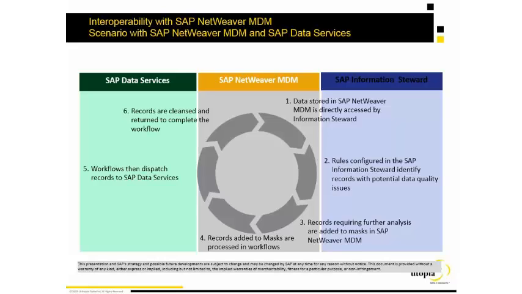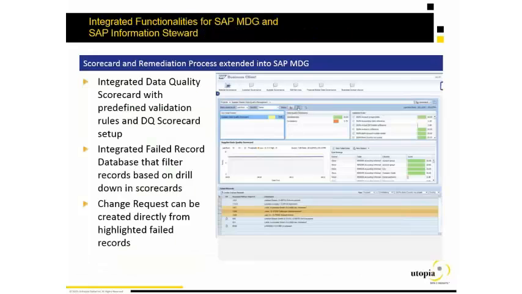You're going to hear that interoperability term a lot, because once you discover you have issues with Information Steward, you need to remediate them. The remediation process might be a manual process. It might be a single record where something needs to be looked up and you go into the MDM system. Or it might be a bulk process where you want to go through the MDM system and make a change on a lot of different rows at once. And to do that, you would use Data Services after you've discovered that information using Information Steward.